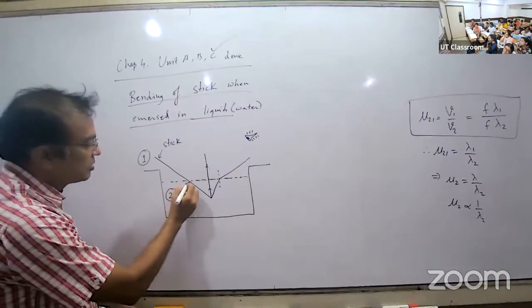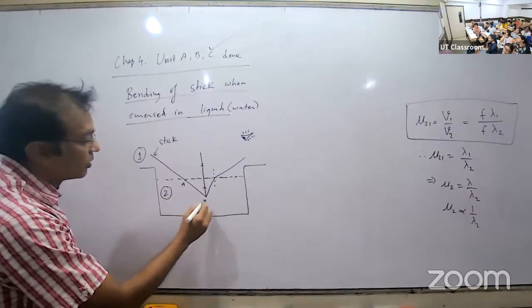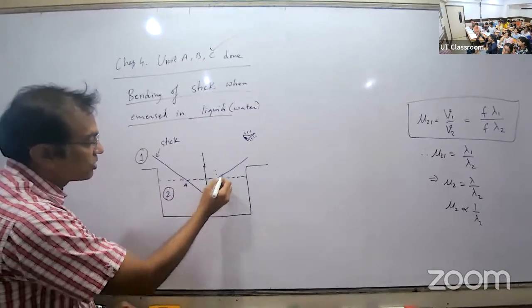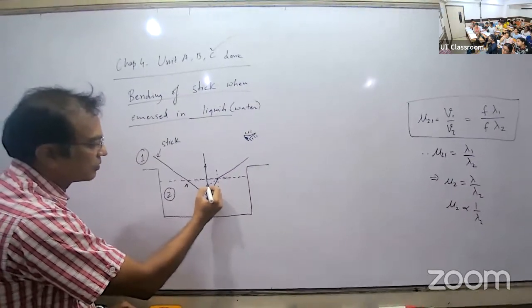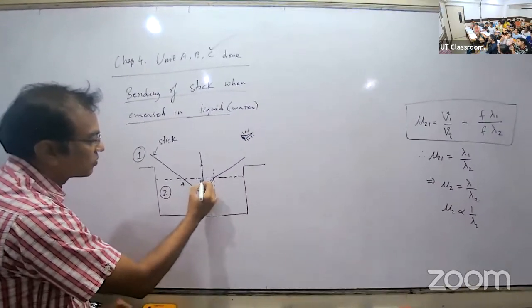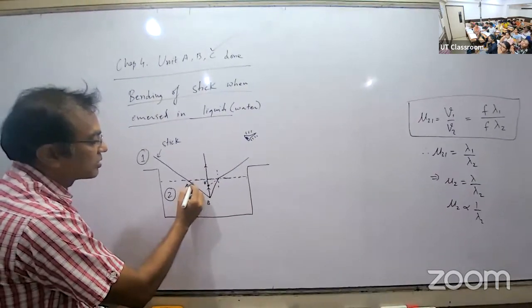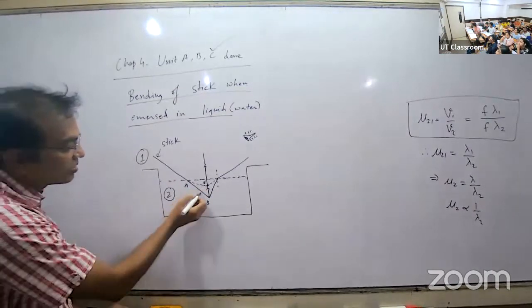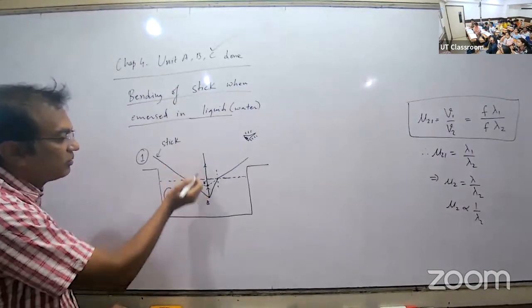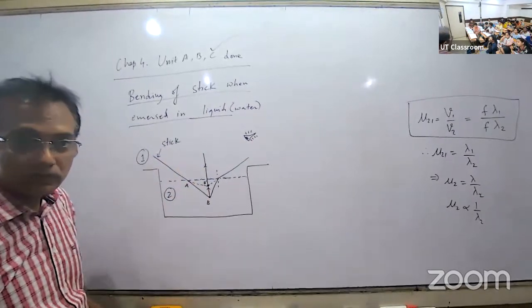Let's mark this position as A and B. Where does this position appear to him? It will appear to him as here, this is B dash. So this stick will appear to him like this. Likewise for all the points, they will go up. So the stick will appear bent like this.